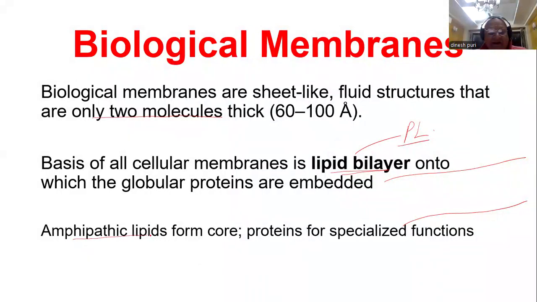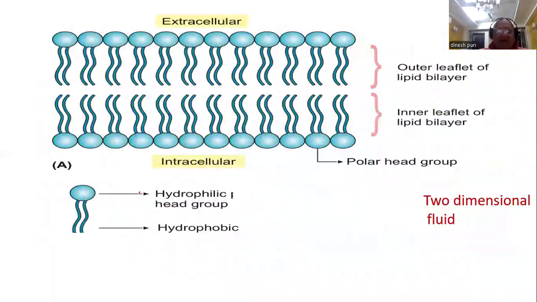Amphipathic in nature. Amphipathic means they have a polar portion and a non-polar portion within the same molecule. As you can see in this figure, this is the polar hydrophilic portion called the head group, and they have a long hydrophobic or non-polar tail.